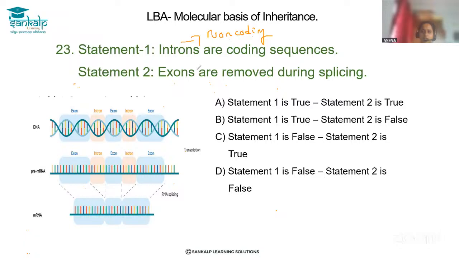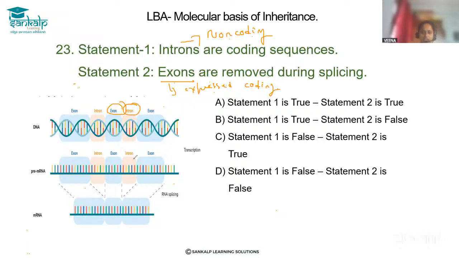I've already studied about introns and exons. Exons are the expressed ones, that means they are coding. If you observe the image here, these are exons, these are introns.